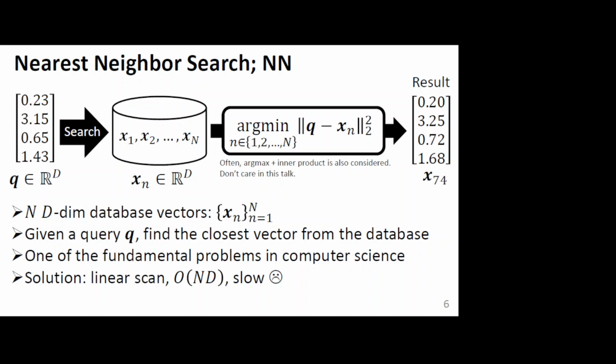When n and d are very large, the time complexity is very big, so the computation time is large and you will get a very slow response.